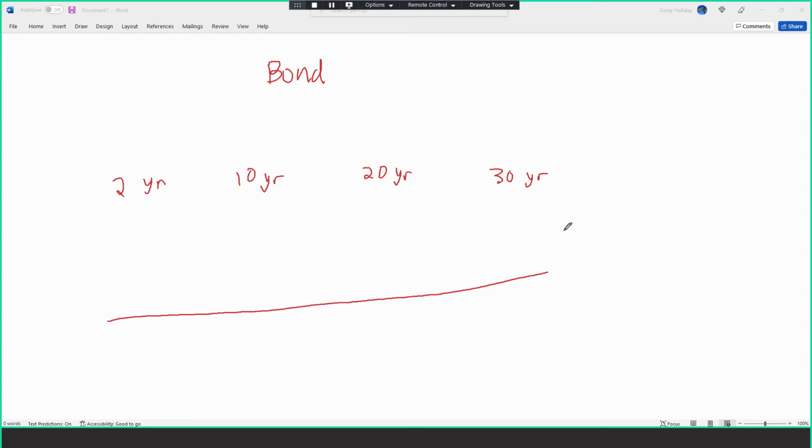So over here you have the duration on the top, and here you might have the actual yield, going from 0% to 1% to 2% to 3% to 4% and so on. This is how much you're collecting, the percentage that you're receiving as an investor.